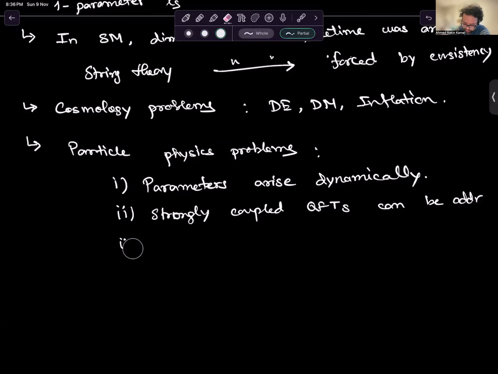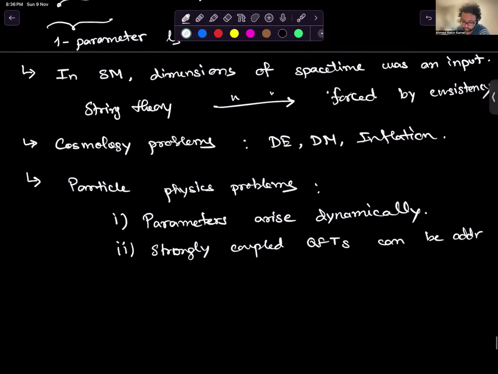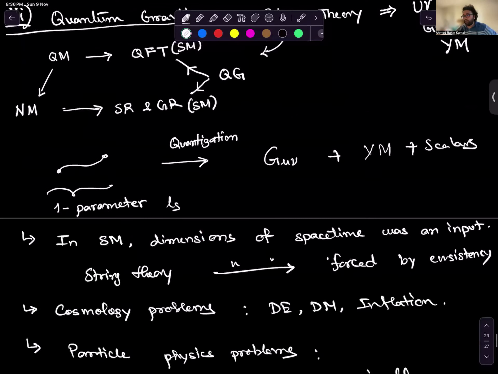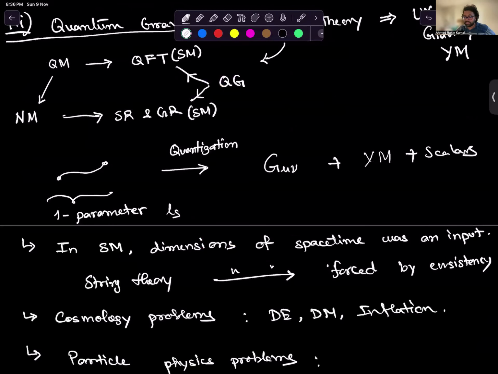Also, it gives a nice description of the absence of anomaly conditions in terms of geometry. And of course, it has a richer story to tell, as any quantum gravity should be telling us about the standard model or physics at lower energies compared to the scale of quantum gravity.